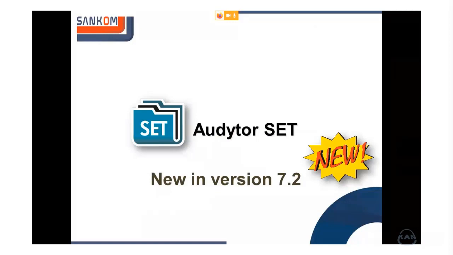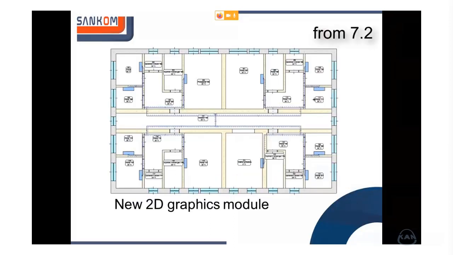Okay, and now the newest features, the features introduced in version 7.2, the current version of the software. First, an option that maybe you won't see immediately, you would recognize it more when you come back to the previous version: we have designed a completely new 2D graphics module.